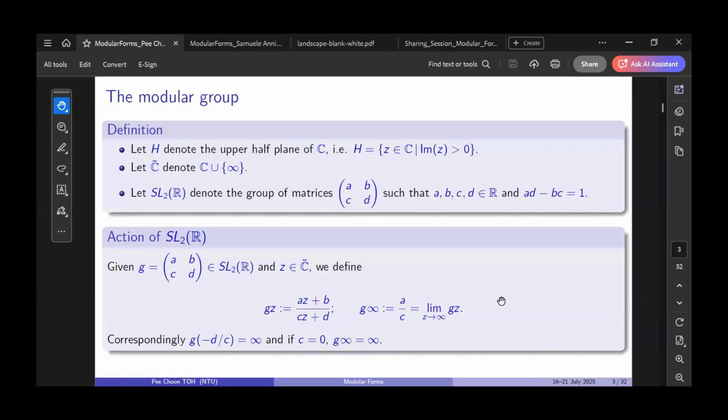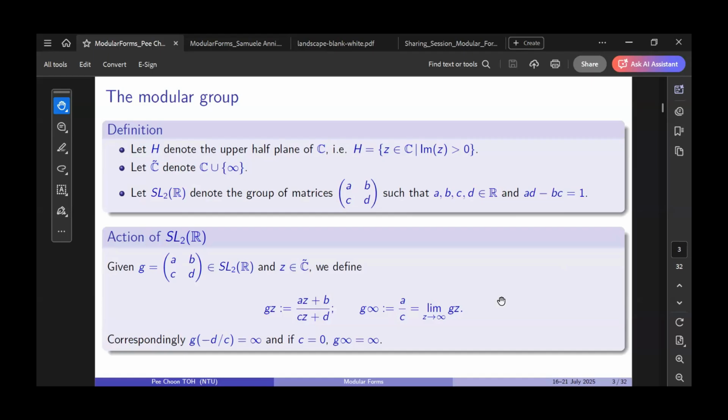Correspondingly, g of minus d over c is infinity, and if c is 0, then g infinity is infinity.